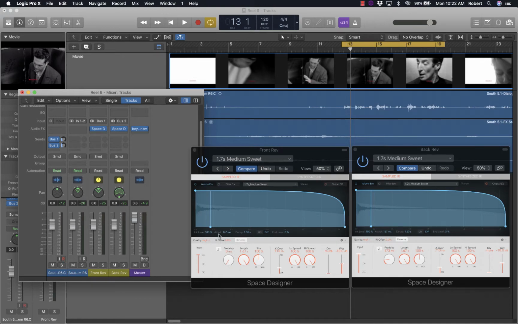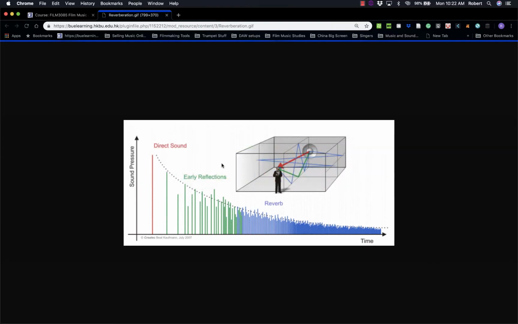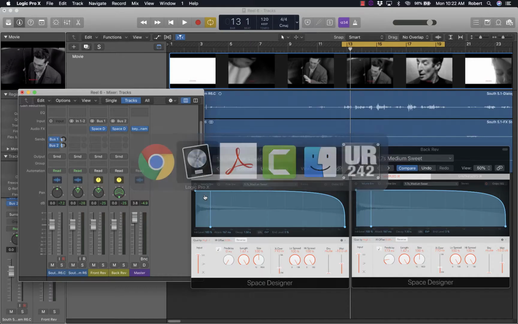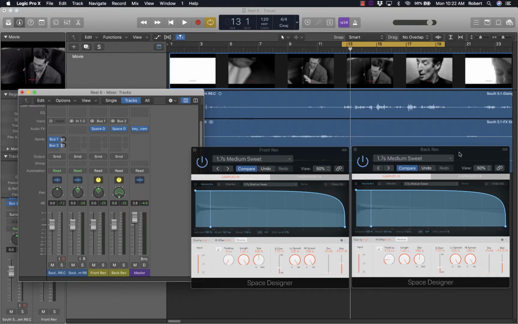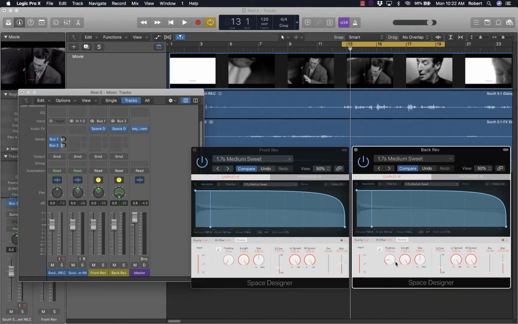Remember, pre-delay helps give the illusion of distance and perspective, in terms of how far away the sound source is from the listener within that space. So we manipulate the pre-delay to give that illusion. That's the reason the second processor has a pre-delay setting above 33 milliseconds.